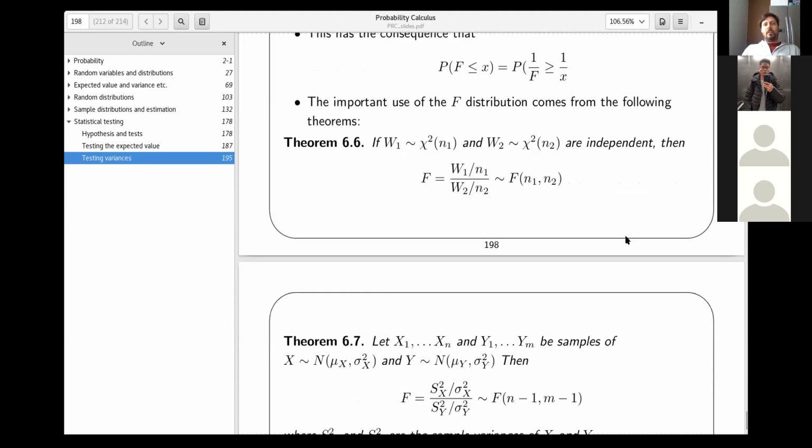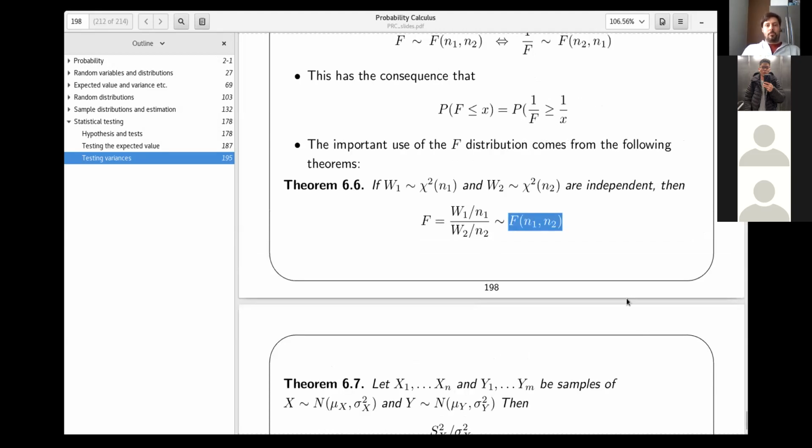The important part here is that if we have two independently chi-squared distributed variables, then their proportion, normalized with respect to n1 and n2, is F distributed. So this gives us a test statistic.